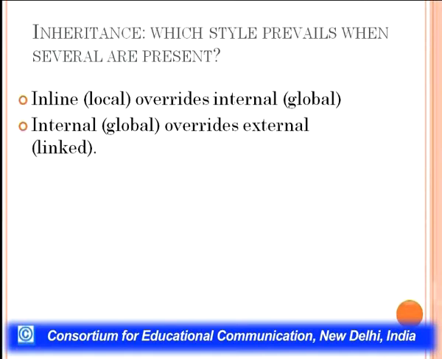This is an important question to understand, and this is why the word cascading is used, because you can use one inside the other, but the priority will be given to the innermost level. Innermost means that inline style will have precedence over embedded, and embedded style sheet will have precedence over linking. So linking is the outermost.